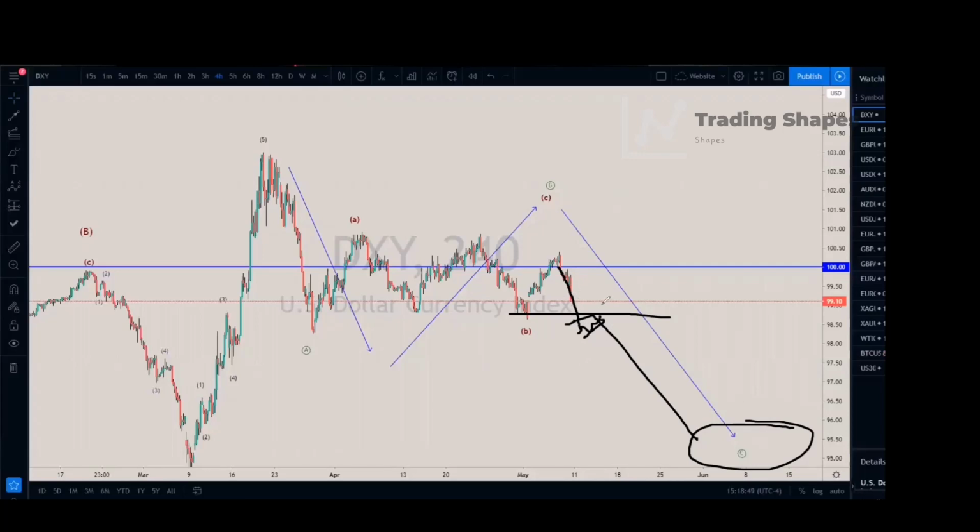Keep in mind here we react, right? So we do our analysis, we do our prediction, probabilities, and we see which one pans out. So if it breaks here and closes on any correction, you can take a short.